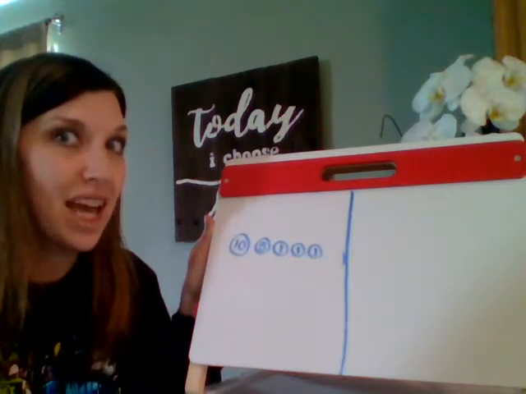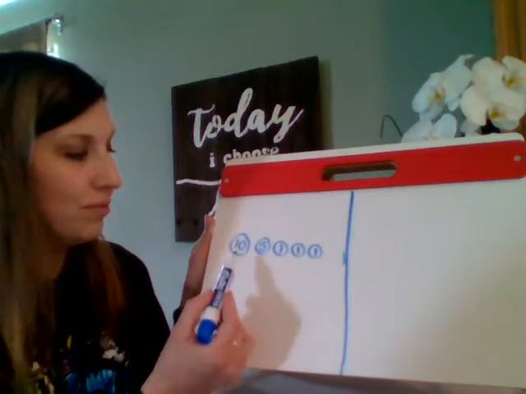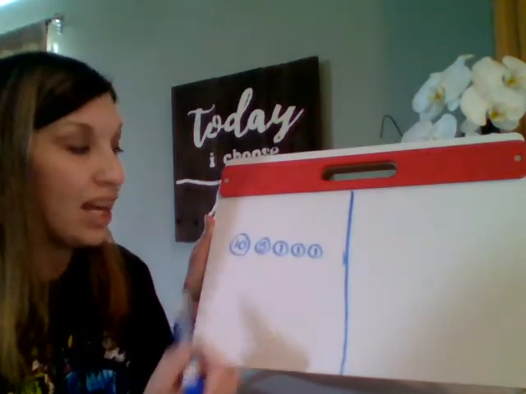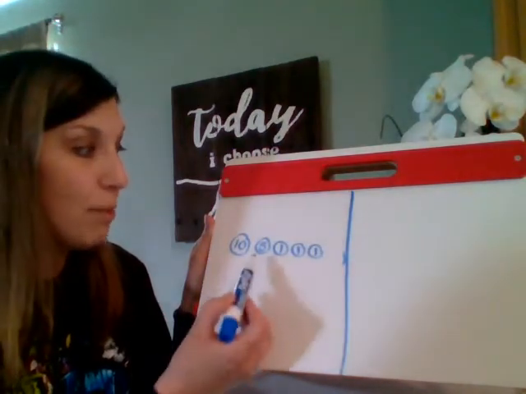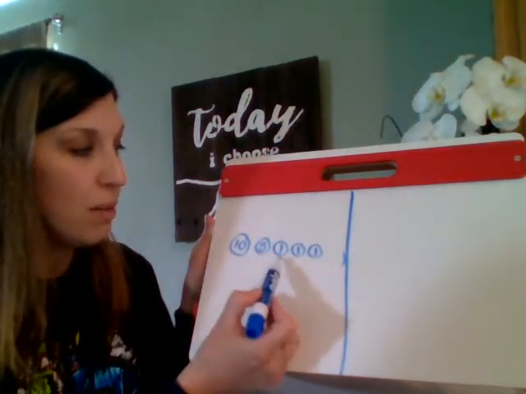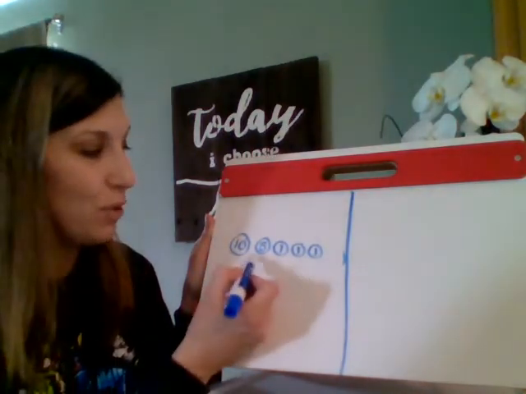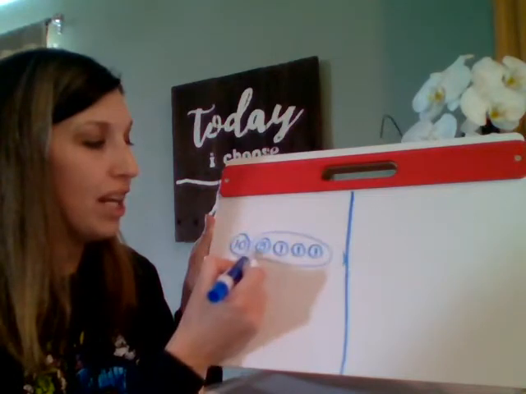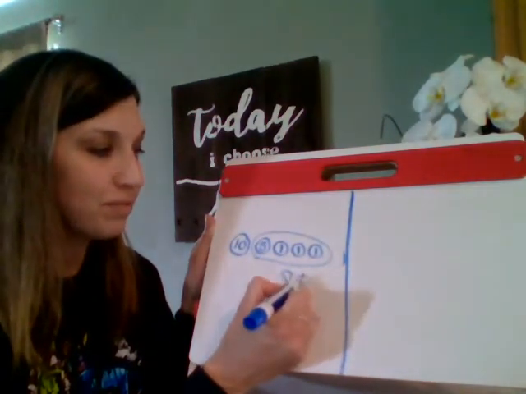Okay, here we go. Let's count on together and see if you're right. Here's what I know. I know that this is 10, and if I want to say 10 and how many more, then I'm going to put these ones together first. 5 plus 3 more is 8. So this set of coins right here is worth 8 cents.